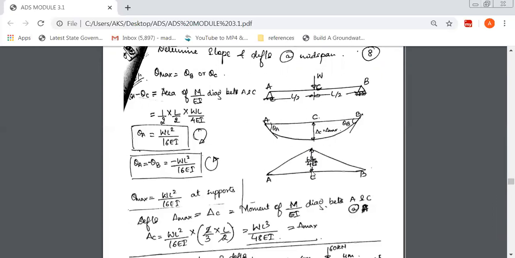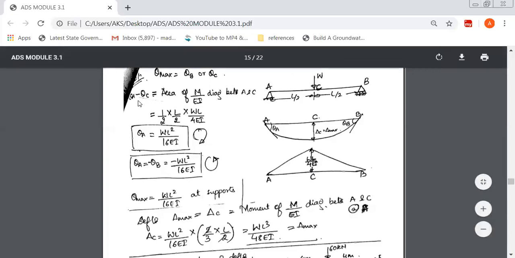So I'll be treating only AC, considering only the AC portion. Theta A minus theta C is equal to the area of the M over EI diagram between A and C. The area of this M over EI diagram is the area of a triangle, half into base into height. The base is L by 2, and the height is WL over 4EI.